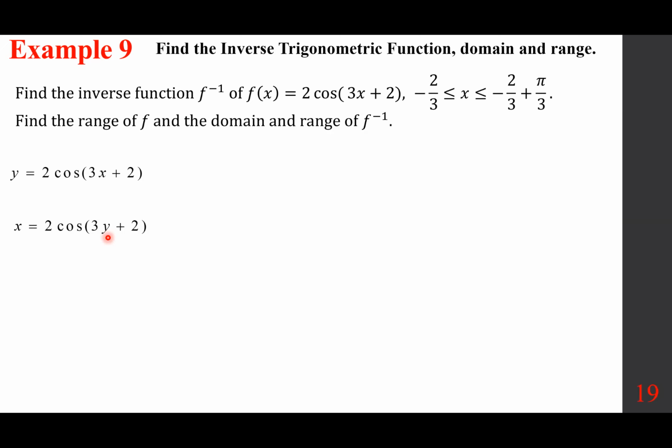And to do that, first and foremost, we're going to divide by 2. So this goes away, this becomes x over 2. And now cosine inverse of the left side, that means cosine inverse of x over 2 is what you see here, 3y plus 2. I hope everybody understands what's going on here. Cosine inverse of x over 2 is 3y plus 2. We are solving for y. We're going to move the 2.